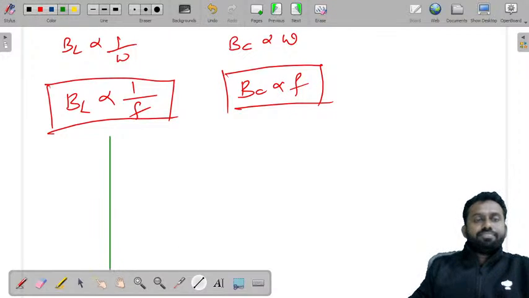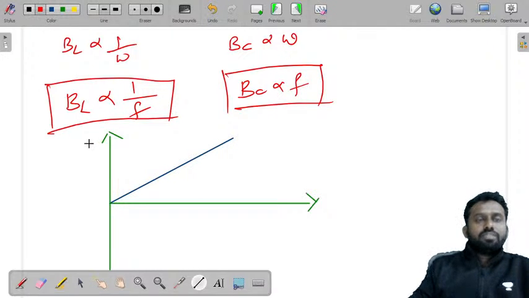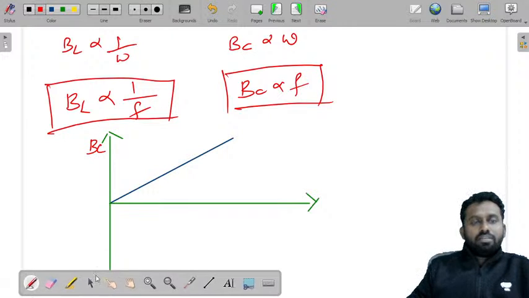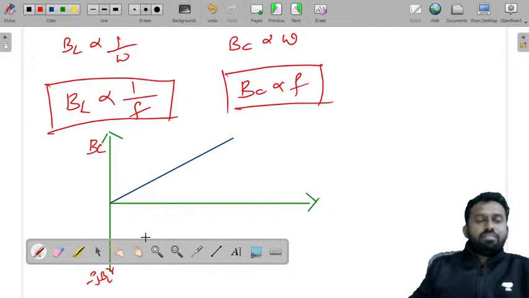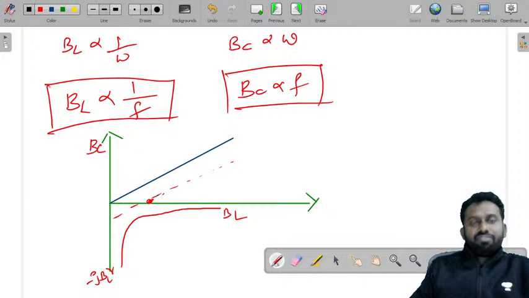So you can draw the resonant curve or susceptance curve as, this is B_C, this is minus jB_L, and you can draw this as, this is B_L, and the line between these two is where there is a resonant frequency, this is the anti-resonant frequency f_ar.